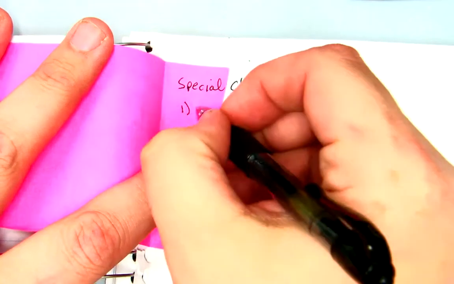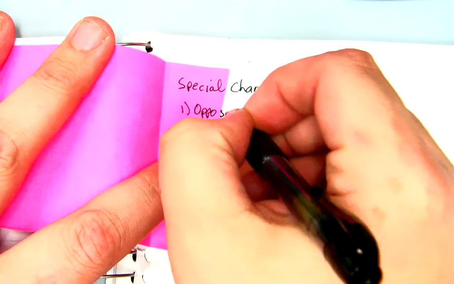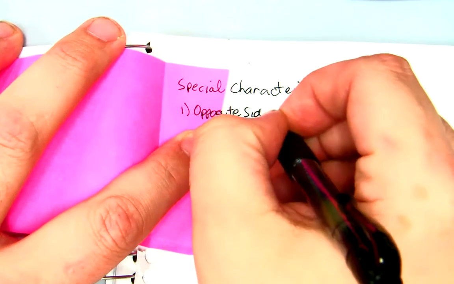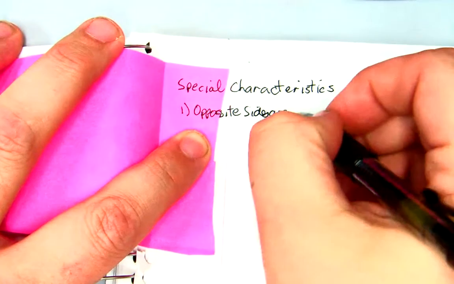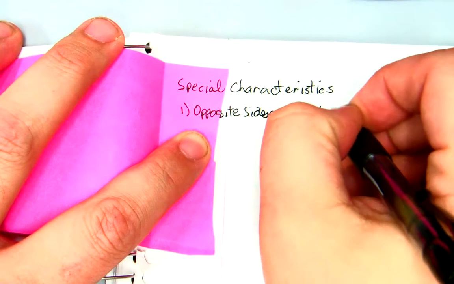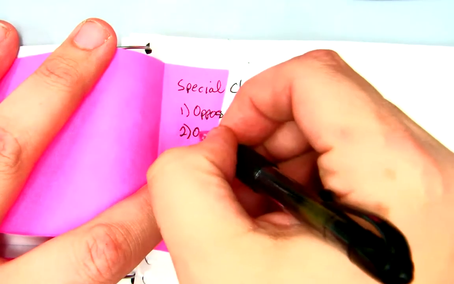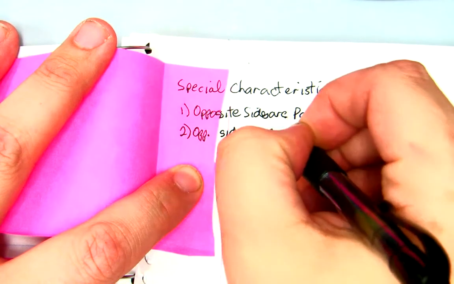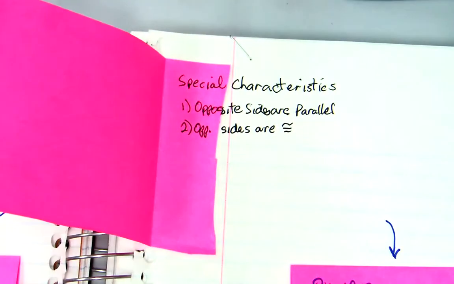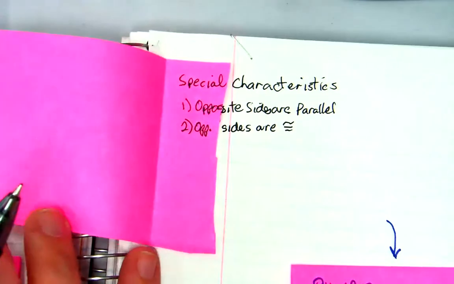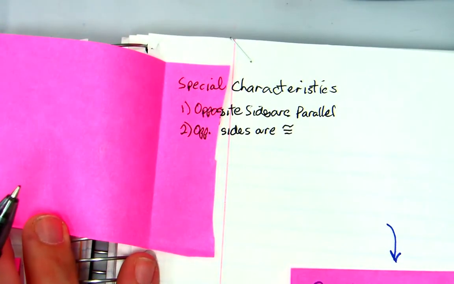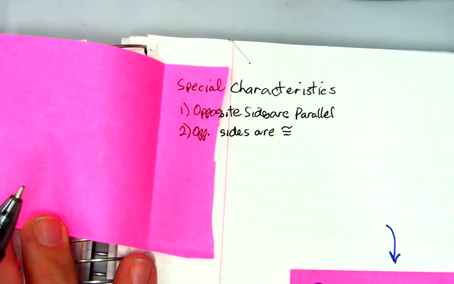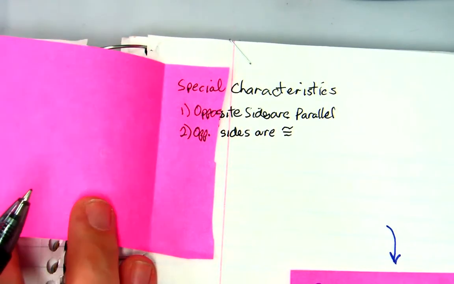So 1, opposite sides are parallel. And opposite sides are congruent. Is it okay if I use OPP for opposite? You can write the entire word if you want to. So opposite sides are parallel and opposite sides are congruent.